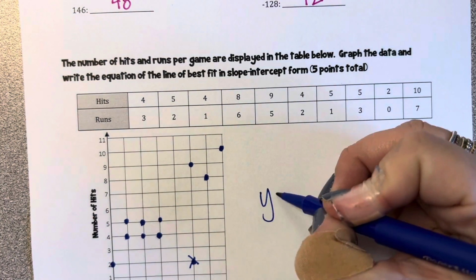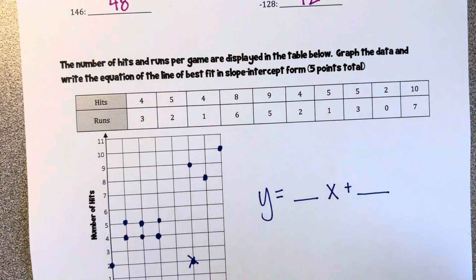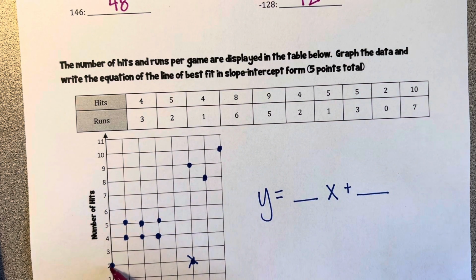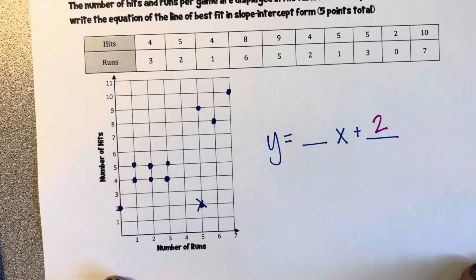So we're trying to write it in slope-intercept form, which is y equals mx plus b, right? So let's think for a second about what we are trying to find. We are trying to find the slope and the y-intercept. So our line has already crossed the y-axis, right? It crosses right here at 2. So that's where I'm gonna put 2. Is that showing up here?